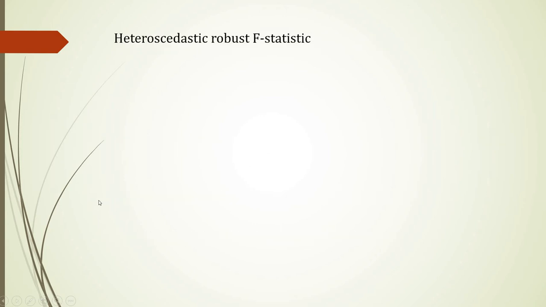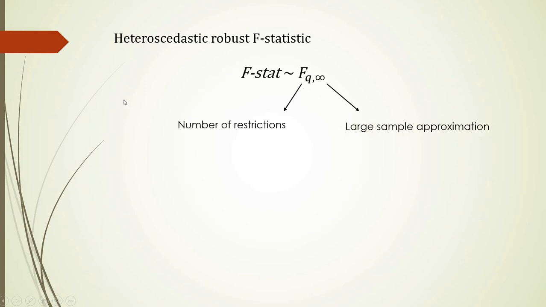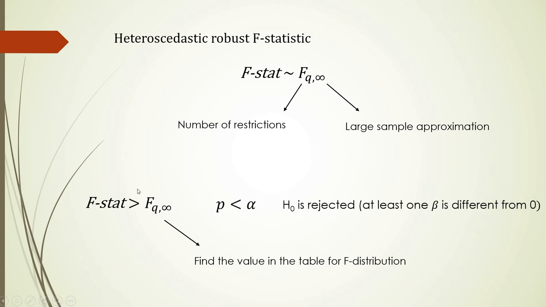So when we are dealing with heteroscedasticity-robust F statistic, like we did in this example, you remember that I marked heteroscedasticity-robust errors, then we will calculate the F statistic, which has the Snedecor F distribution, where it is actually calculated on the basis of the number of restrictions, and it is for the large sample approximation. The F statistic will be compared to the critical value, and then also we can calculate the p-value.